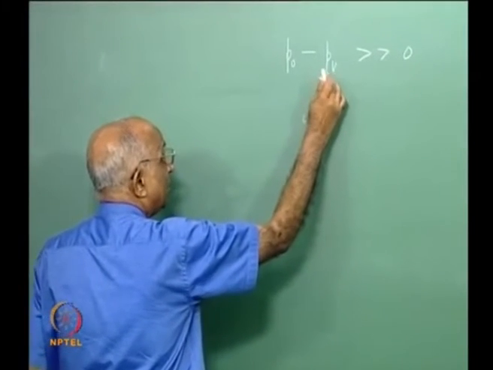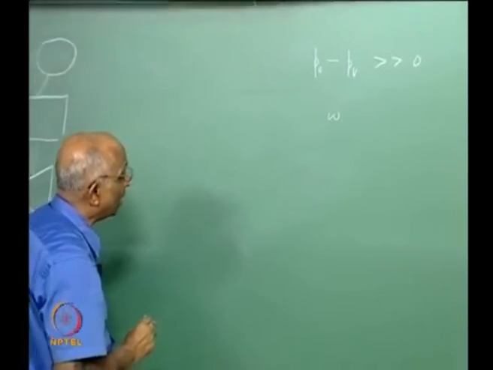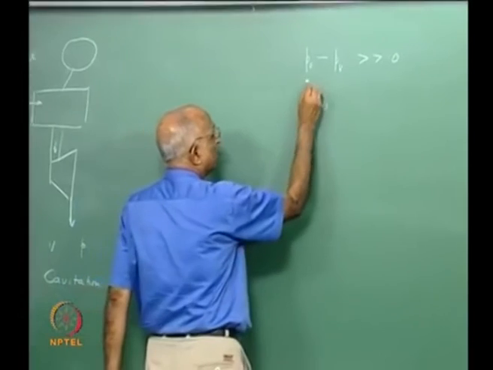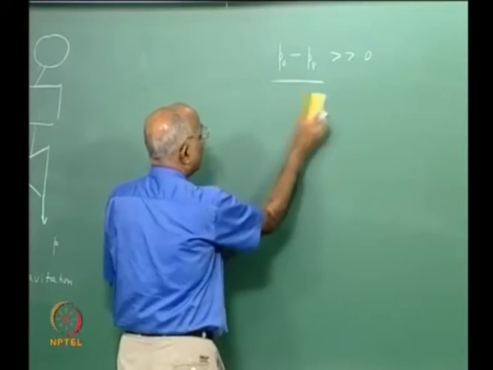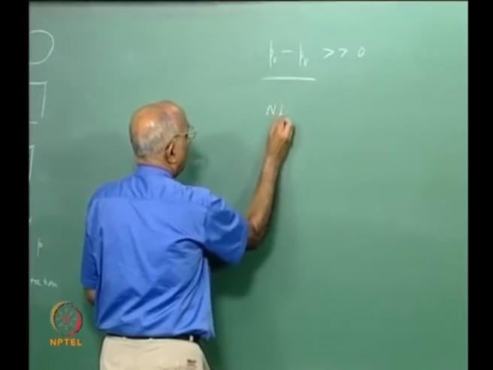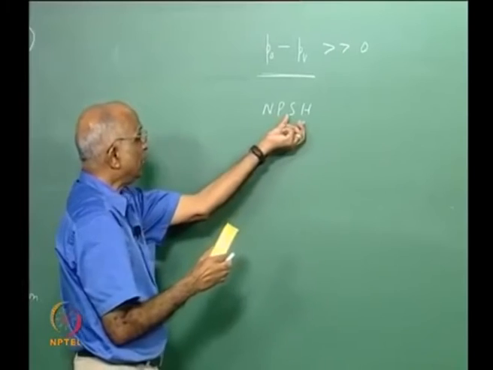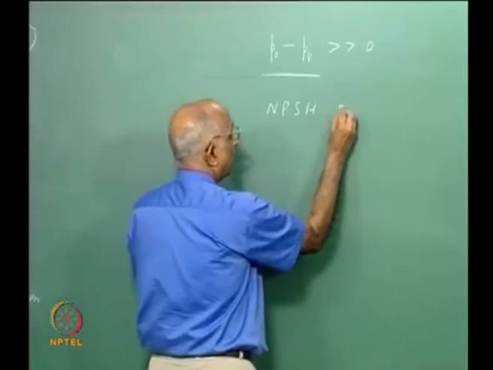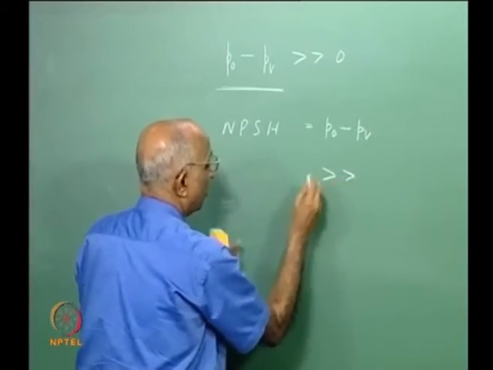What happens is the static pressure reduces to this value, and therefore my cavitation would start, and therefore this number becomes an extremely important number, and we say the net positive suction head, which is given by P naught minus PV, must be a large number for any pump.